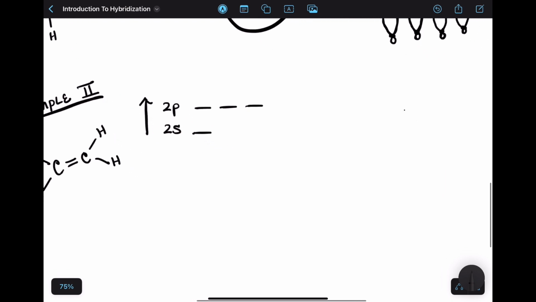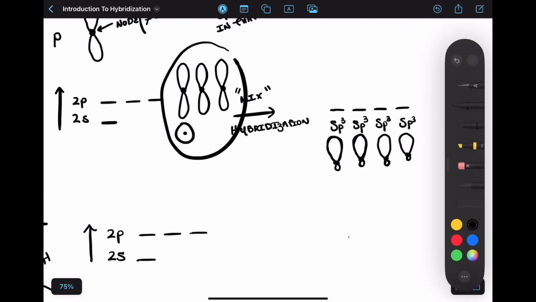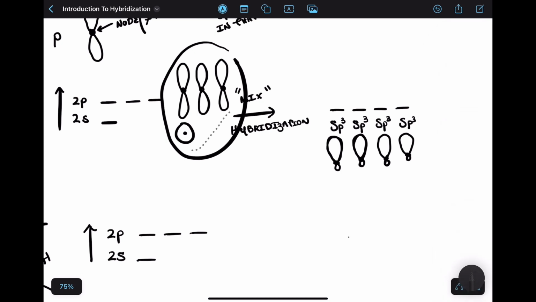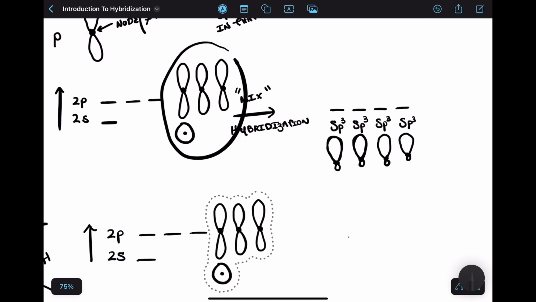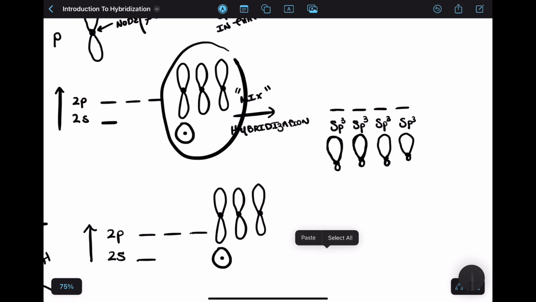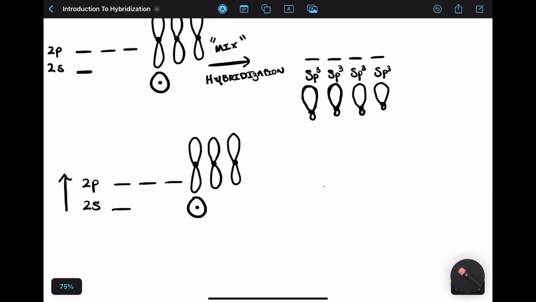Right, now what we're going to do is, since my artwork is phenomenal, I'll go ahead and copy this over. Okay, so here are my orbitals, and then again, we're going to mix them. Hybridize them.